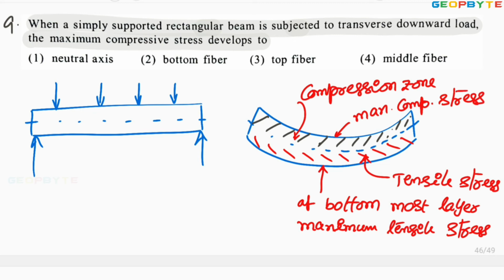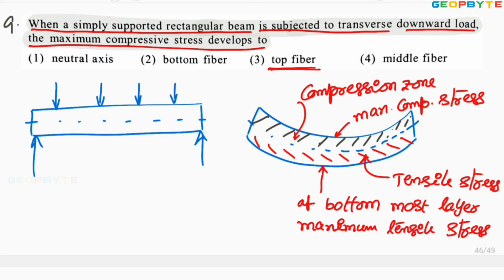Now let us read the problem. When a simply supported rectangular beam is subjected to transverse downward load, the maximum compressive stress is developed at the topmost fiber. Therefore, the third statement is absolutely correct. I hope you got my point.